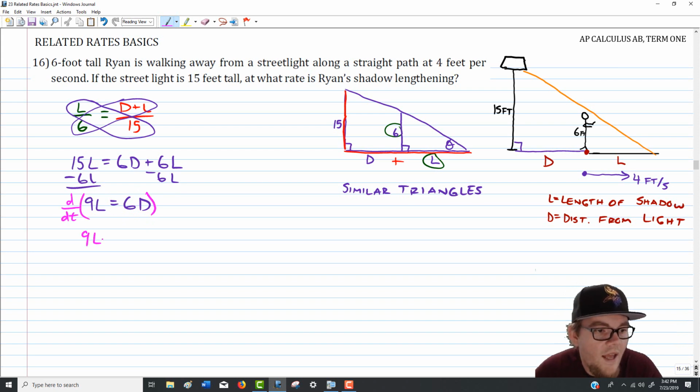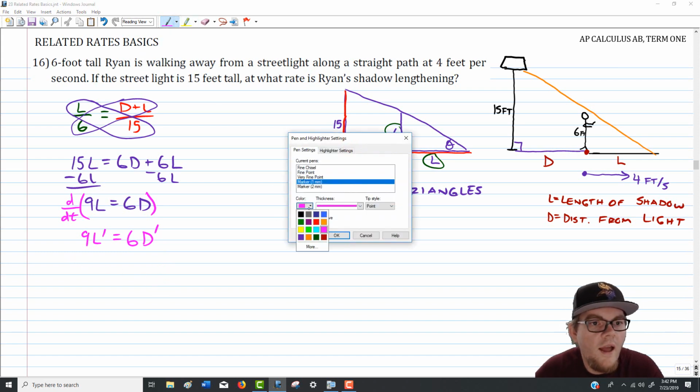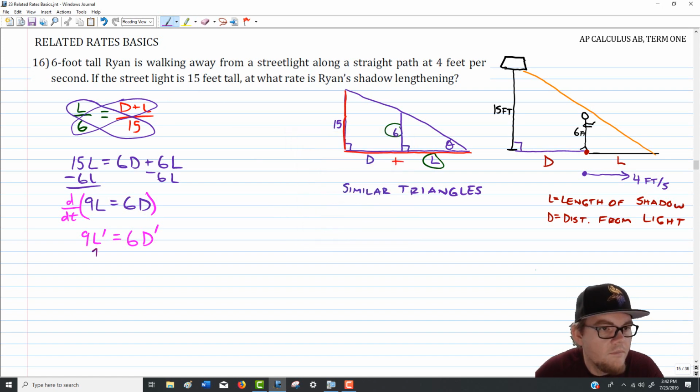So this gives us 9L prime, or dL/dt, equals 6 d prime, or dd/dt. As far as these ingredients, we're looking to solve for the rate at which the shadow is increasing. So the shadow is L. We do know that Ryan is walking away from the street lamp on a straight path at 4 feet per second, so that means this has to be 4.